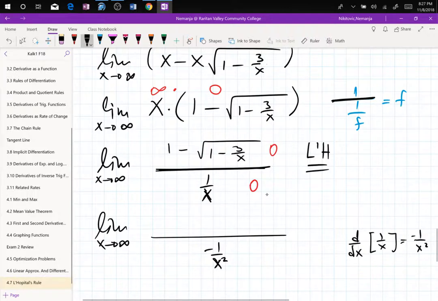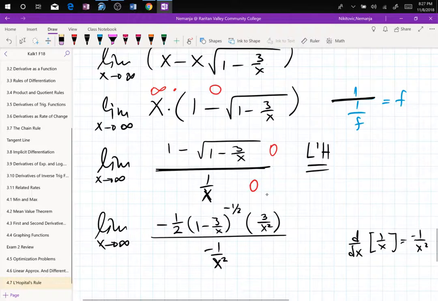What do I have on top? The derivative of 1 is 0. Then I have negative 1/2 of 1 minus 3 over x to the negative 1/2. That's the derivative, times the derivative of the inside. And on the inside I have the derivative of 1 is 0. The derivative of 3 over x is negative 3 over x squared, right? Because there is a negative here, and then there's a negative that pops up from the formula.